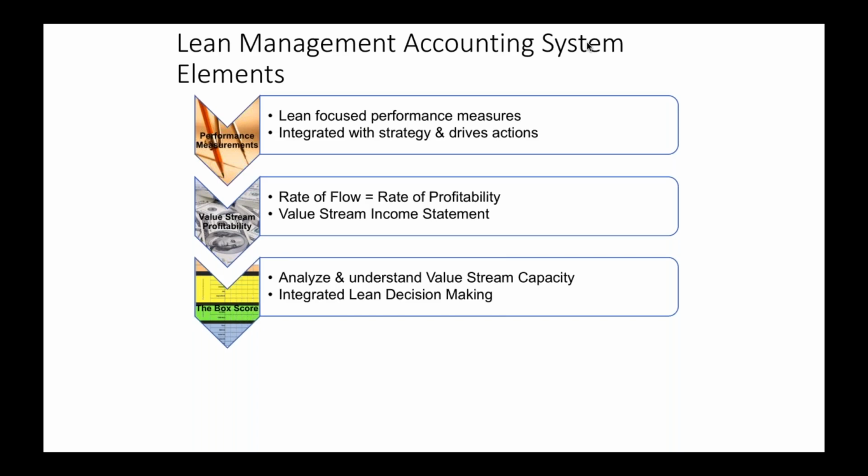The box score has 3 categories of information: the performance measurements, the value stream income statement, and value stream capacity. We look at all 3 elements of the box score in harmony when we're looking at understanding performance or making decisions.